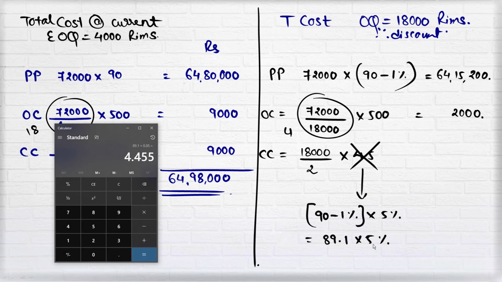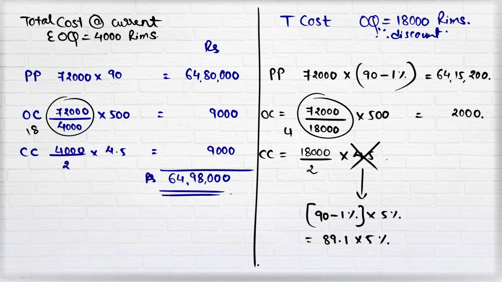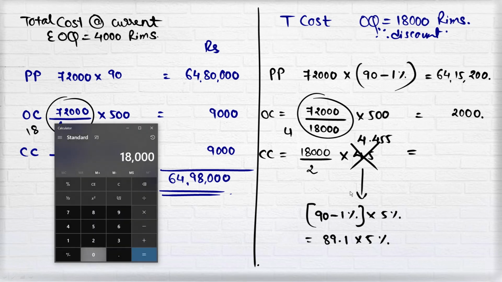It is 4.455. So my answer of carrying cost will be 18,000 divided by 2 multiplied by 4.455, will be, is it 40,095?